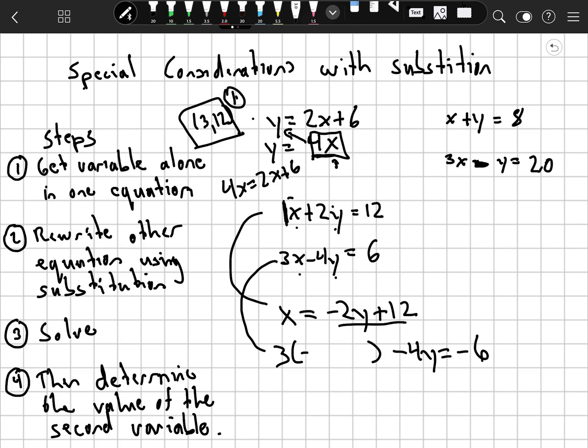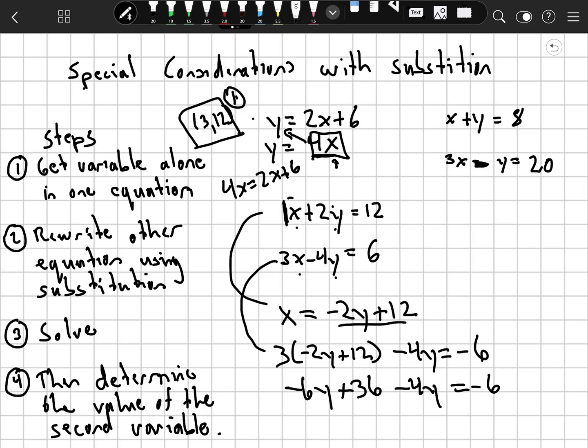In the blank here, I'd put negative 2y plus 12. And we end up with negative 6y plus 36 minus 4y equals negative 6. And from here, I'm not going to finish the problem, but you can see that we have avoided having to work with fractions, which was kind of nice.